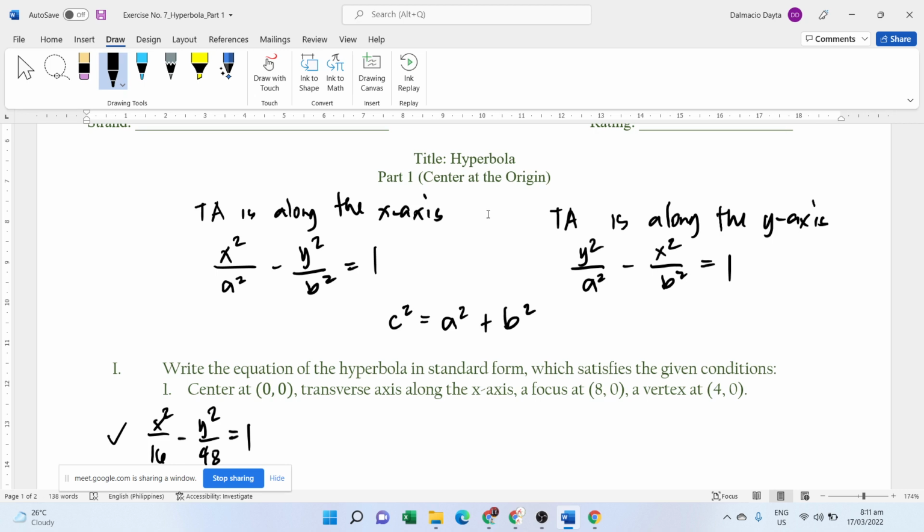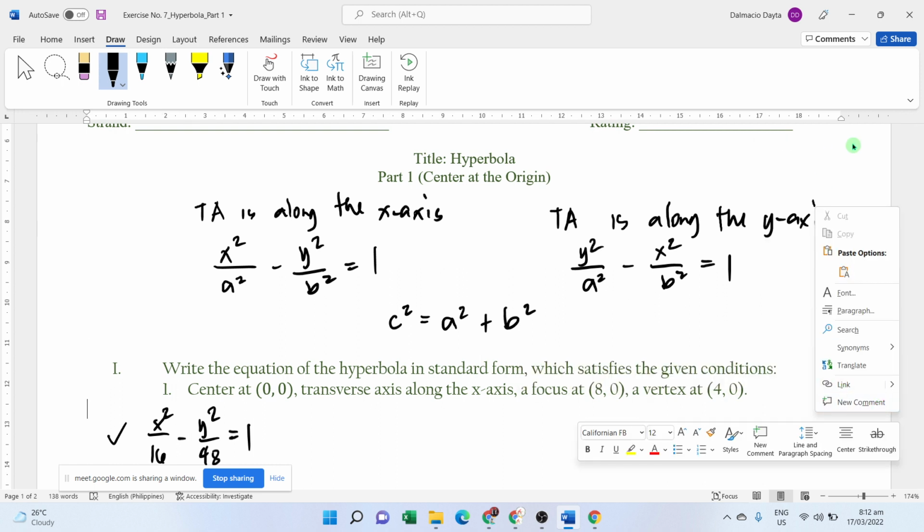Notice in these two equations, a squared is the denominator of the positive term, that is x squared over a squared.